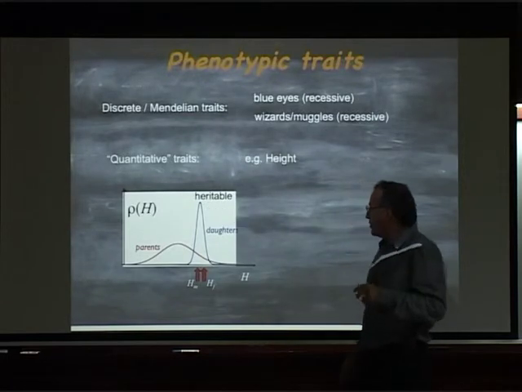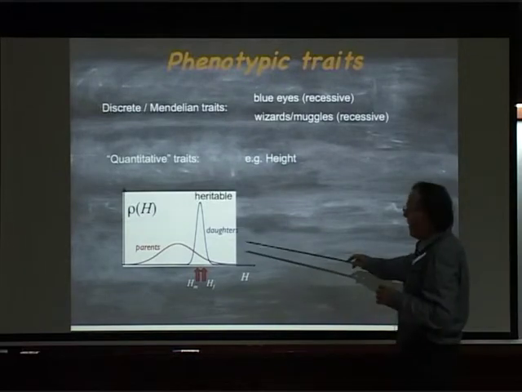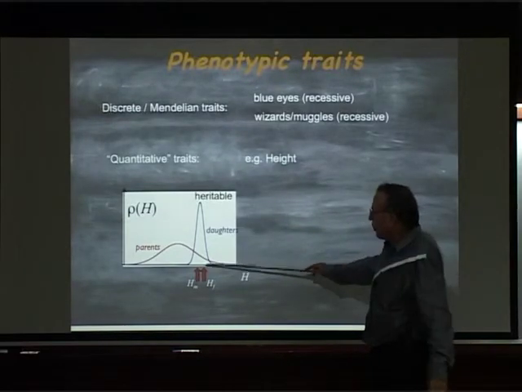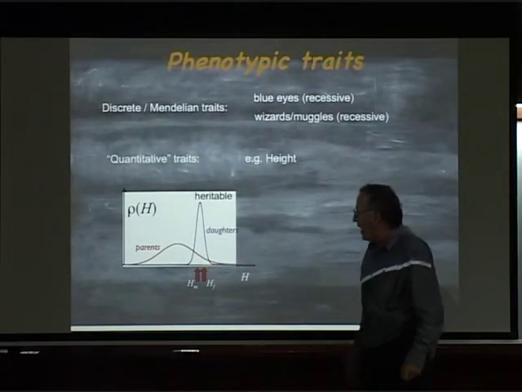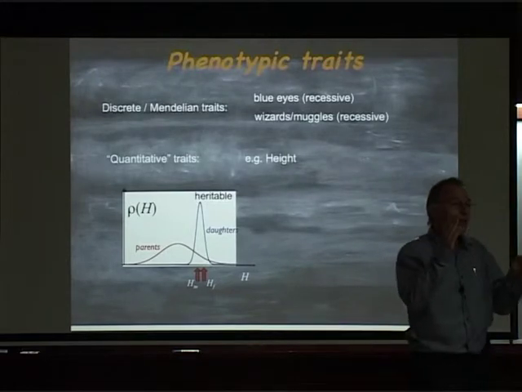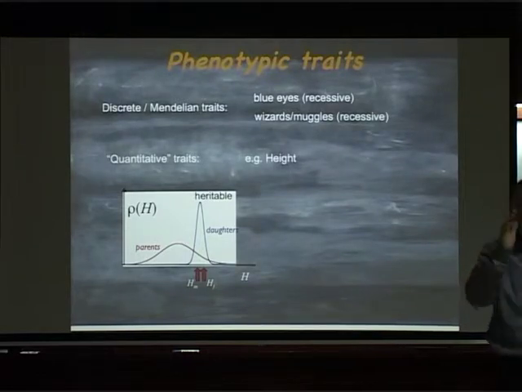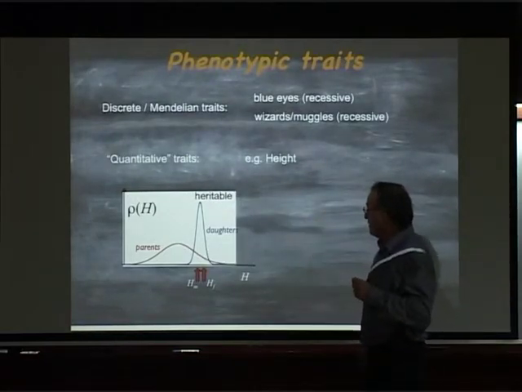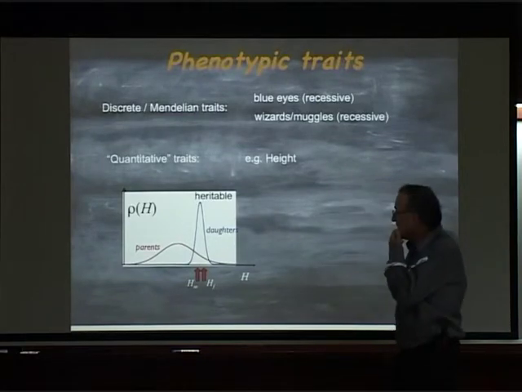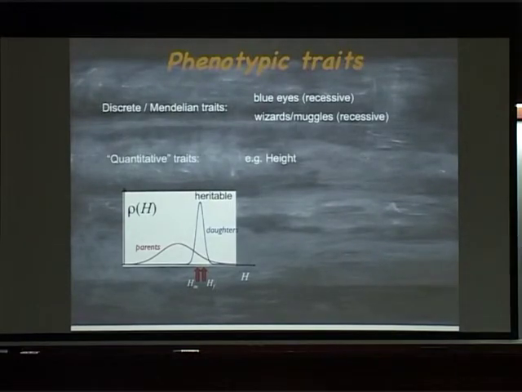Height also happens to be very strongly heritable. It is strongly correlated to height of the mother and height of the father, and is basically a Gaussian centered around the mean height, with some small corrections. So there are systematic differences in males and females. But in any case, it is nicely distributed around the parental mean.